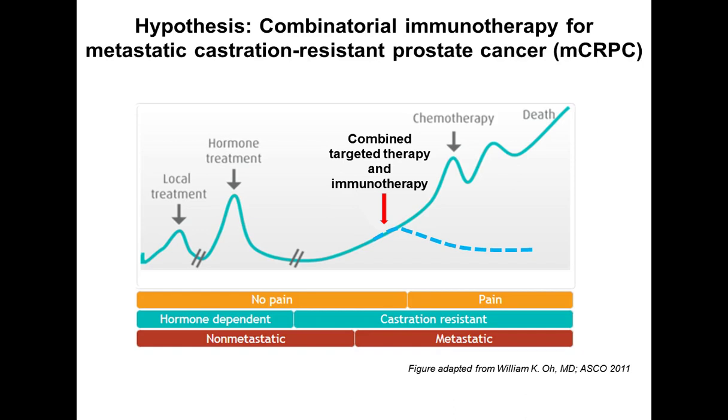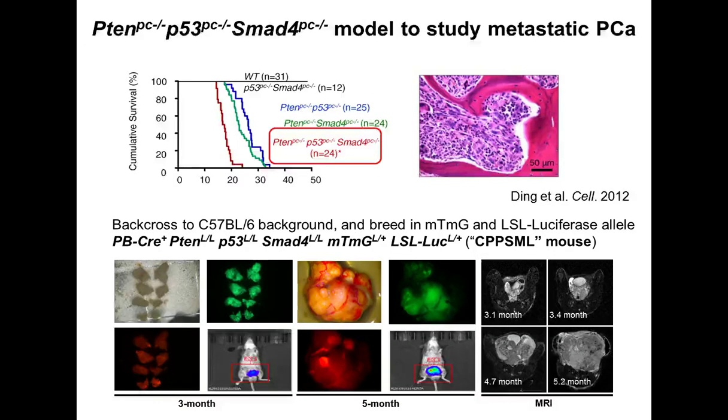To test this idea, we need a very robust mouse model that's immuno-intact and also amenable to preclinical trials. So we chose this triple knockout model that the lab published in 2012. This is a triple knockout model of deletion of Pten, p53, and SMAD4 in the prostate of the mice.